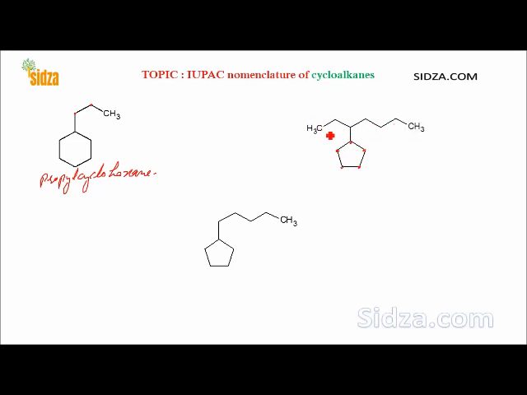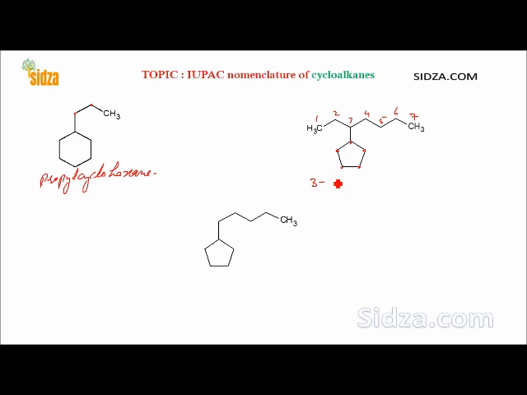This is considered to be the derivative of an alkane, right? And the ring will be considered as a substituent group. So here's the number 1, number 2, 3, 4, 5, 6 and 7, right? So it will be 3. We have a cyclopentyl ring as a substituent group.